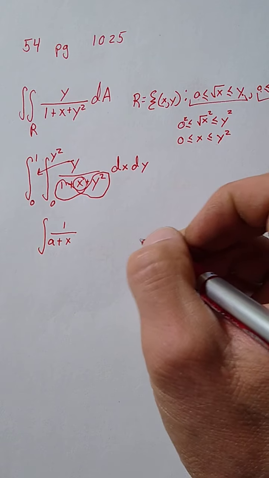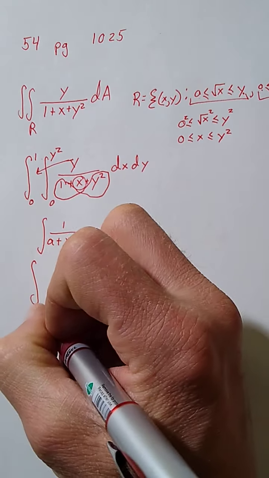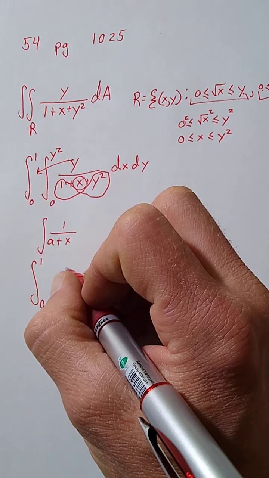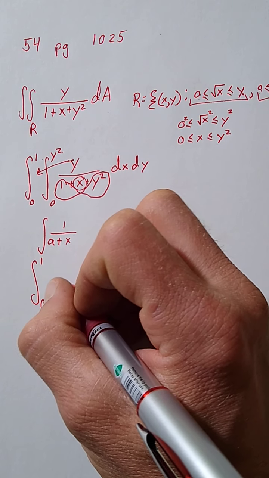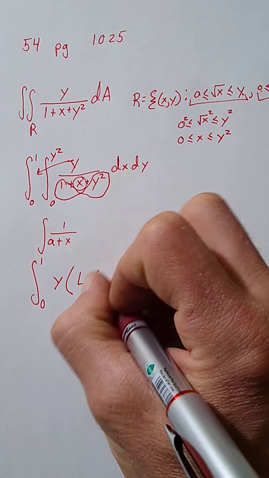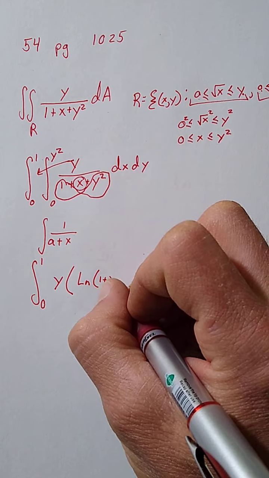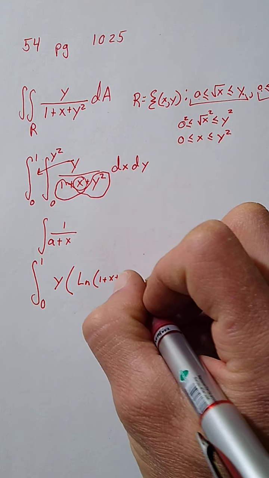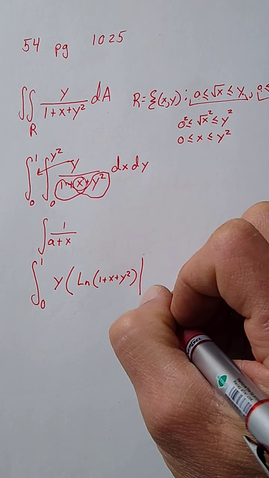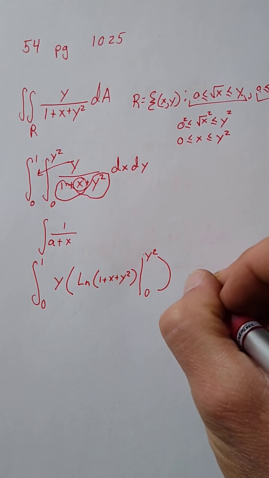So that's just going to be an ln of a plus x. So that would give us the integral 0 to 1 of, now I have y times the natural log of 1 plus x plus y squared, and I need to evaluate that at 0 and y squared dy.